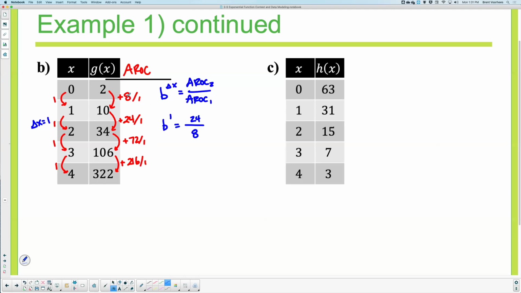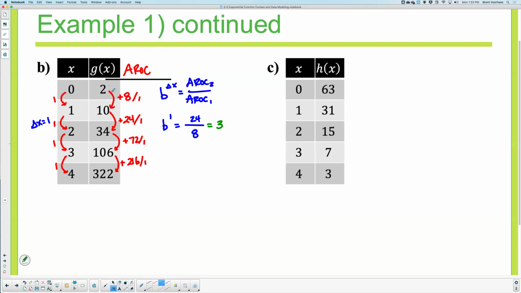Even if it was 8 divided by 2, 24 divided by 2, you would still leave it as 24 divided by 8. Don't put the denominators in there, okay? Because that'll mess you up. You just put the power over here, only there. All right. So now, what is 24 divided by 8? 3. Good. The base is 3.